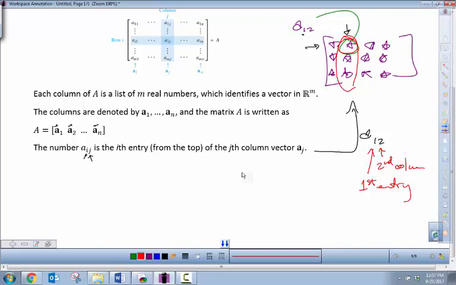Yeah? Oh, yeah. So you just have to write it carefully. So A2312. So commas are sometimes useful. I think that's what some people do.